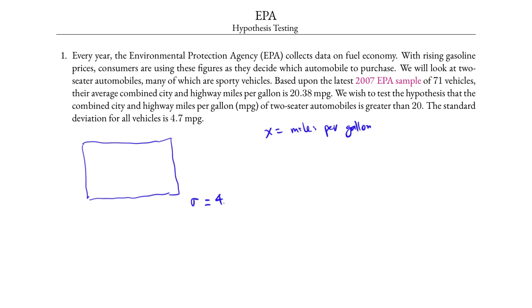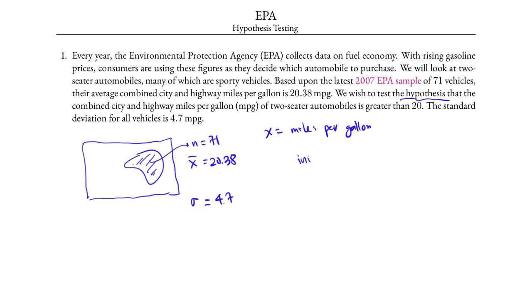Sigma equals 4.7. From the sample of 71 vehicles from this population, so the sample size n equals 71, they computed that the average miles per gallon is 20.38 miles per gallon, so x bar equals 20.38. For this hypothesis test, we test the claim.